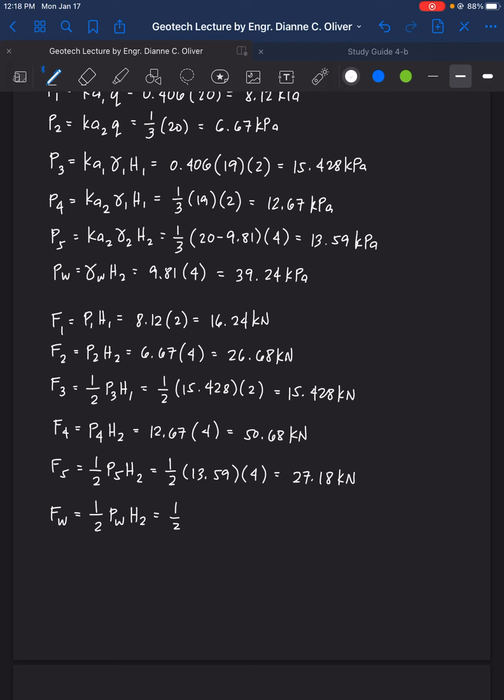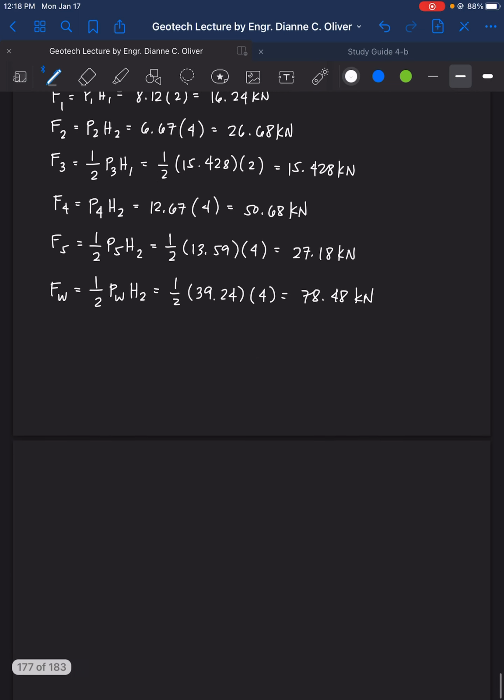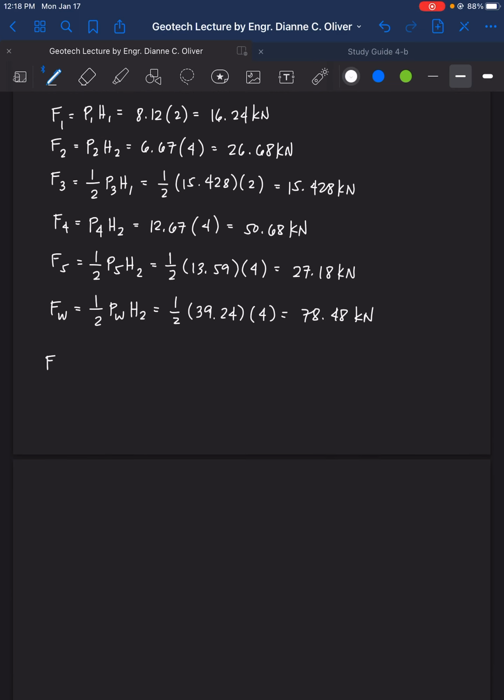So 1/2 P of water is 39.24 times 4. That is equal to 78.48 kilonewton.